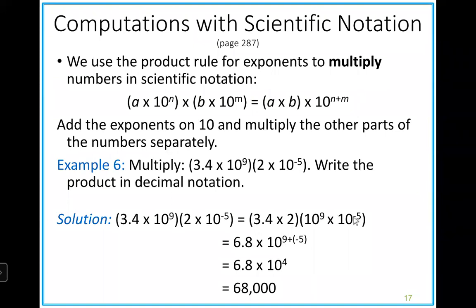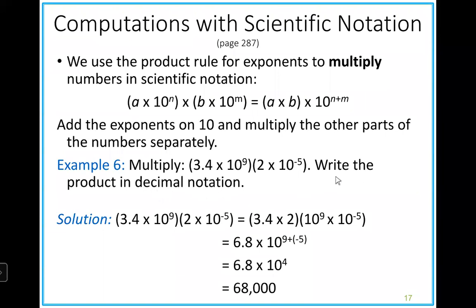Because you're multiplying, you're going to add the indices, which is the product rule. The base is the same. So it will be 10 to the 9 plus minus 5, which ends up being 10 to the 4th power. So 6.8 times 10 to the 4th, you're going to move the point 4 places to the right. So you end up with 68,000 as your answer, because they want the answer in decimal notation.